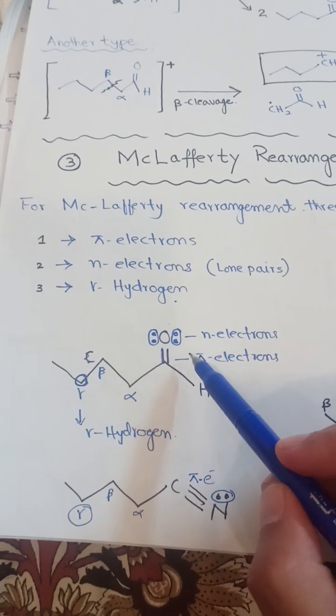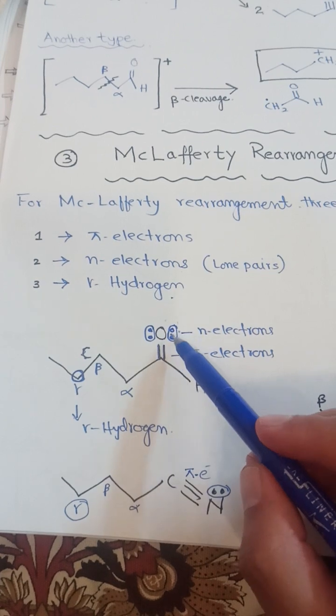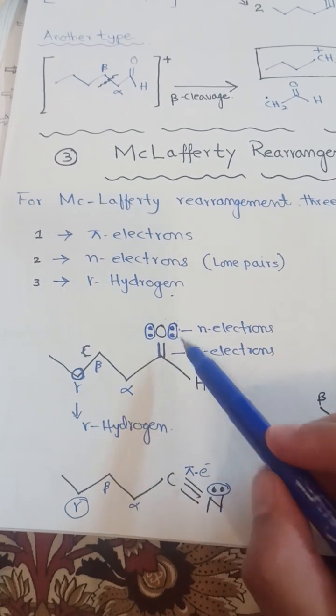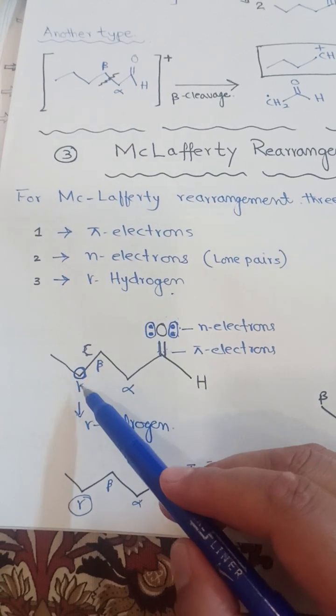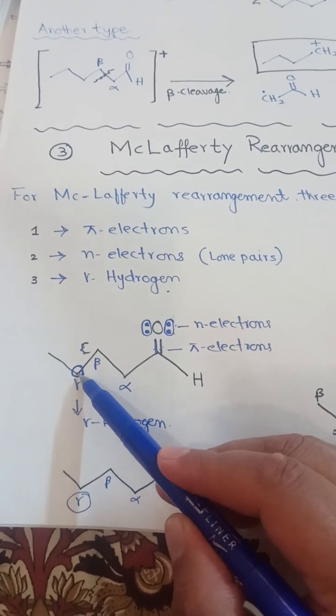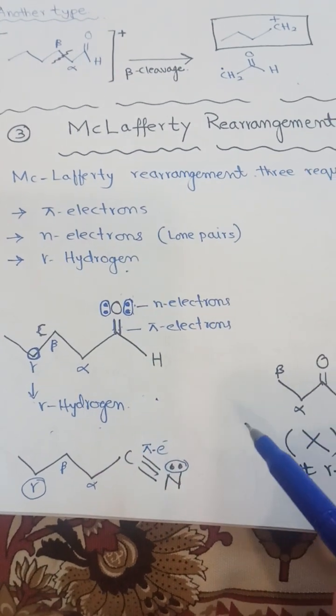Let's suppose we have these n electrons, which are non-bonding electrons or lone pairs, we have pi electrons, and we have gamma hydrogen, which is present at the gamma carbon. Due to these three reasons, we get McLafferty rearrangement.